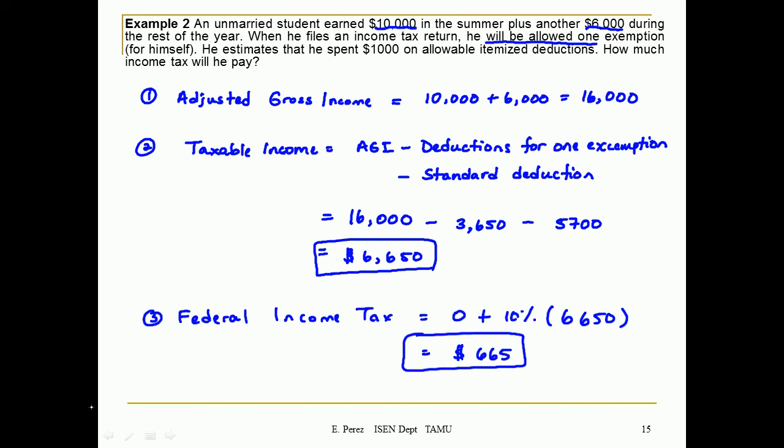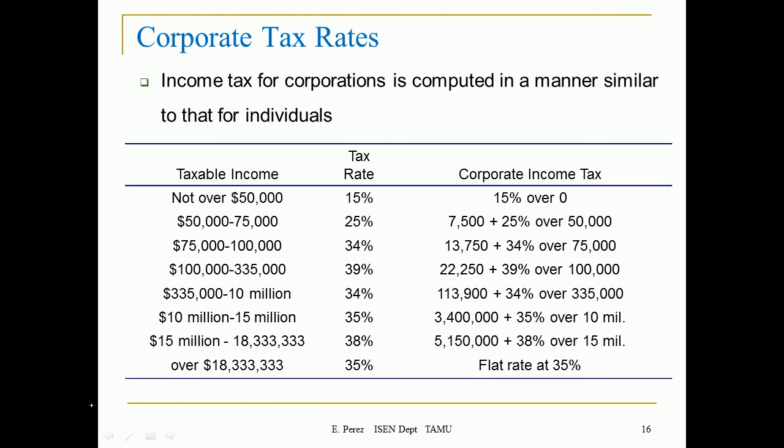So now I'm going to show you the information for corporate tax rates. Income tax for a corporation is computed in a similar way to that of individuals. Again, we have a column with some range, so you have an upper bound and a lower bound.